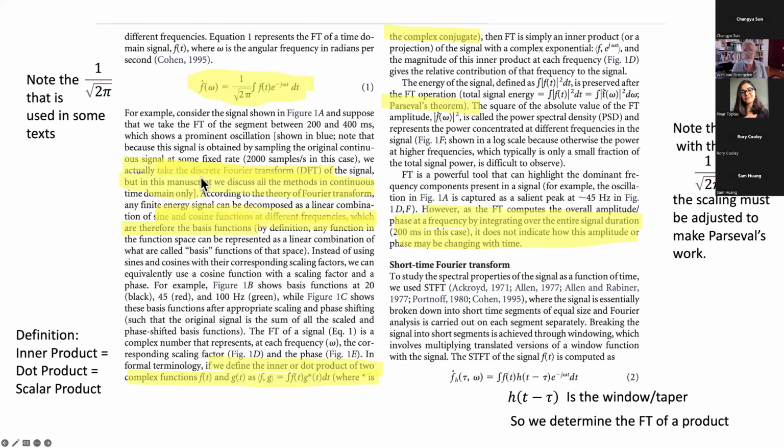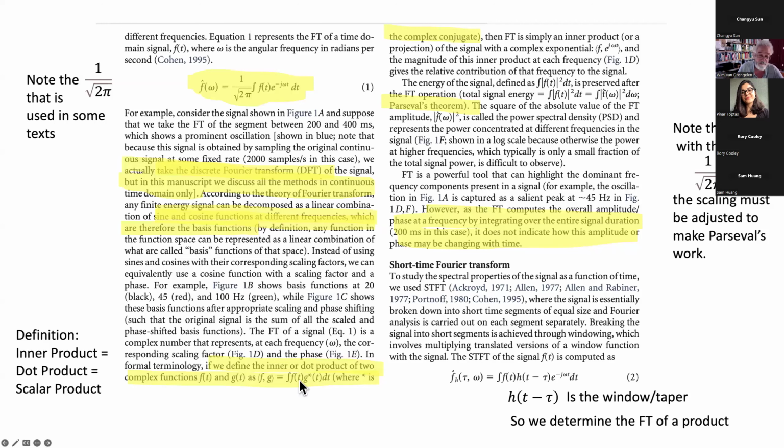In the paper, they give you equations in continuous time, but of course every analysis they do is in discrete time. That's the same thing we have been doing frequently, so nothing new for us. An interesting thing that will come back is that they nicely define the inner product. That's also known as the dot product, and also as the scalar product, so don't be confused. It's all the same thing.